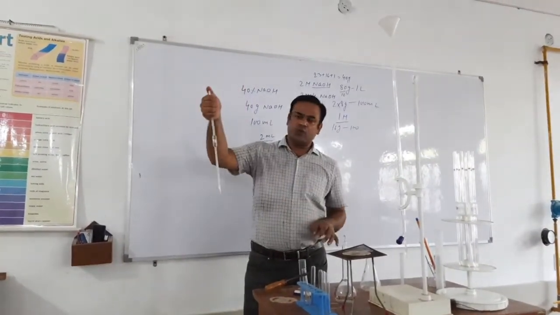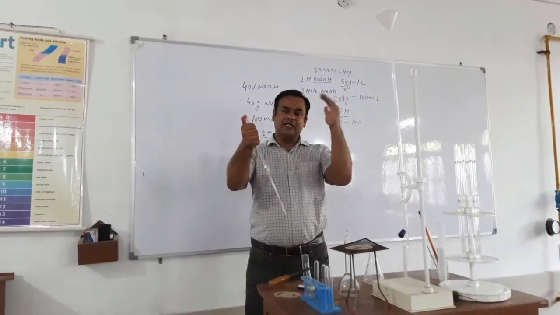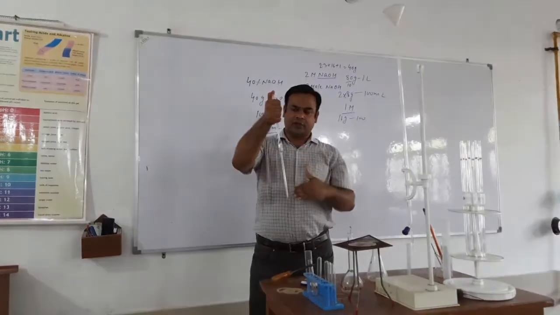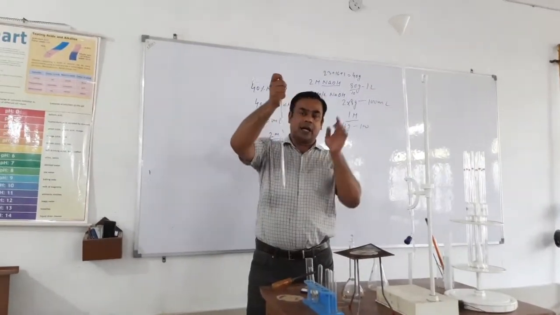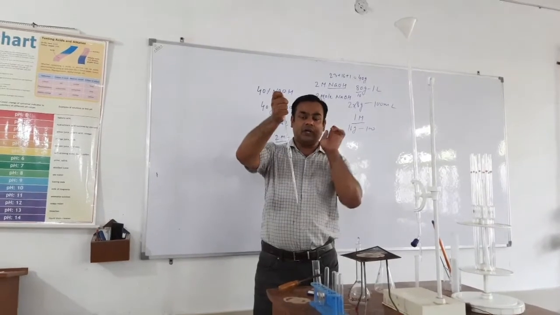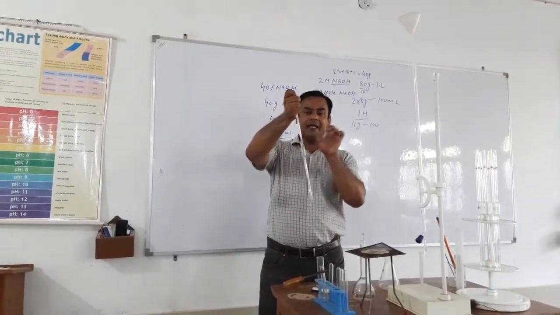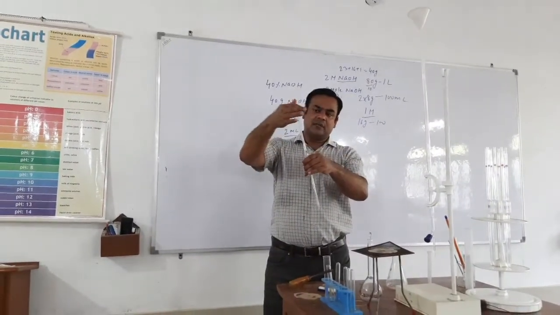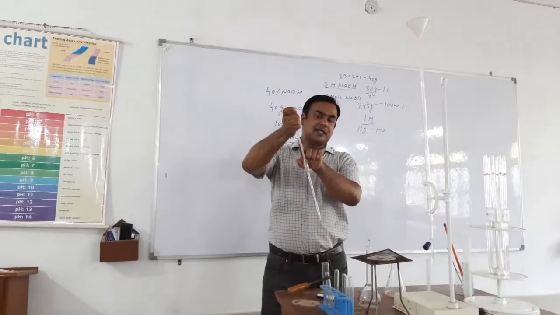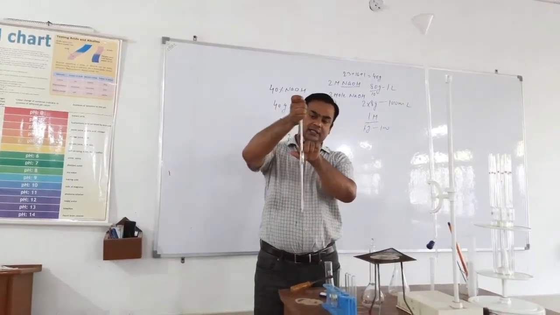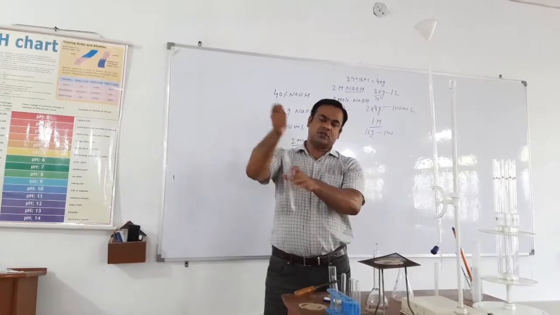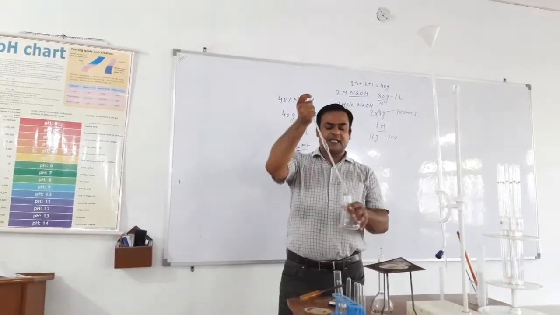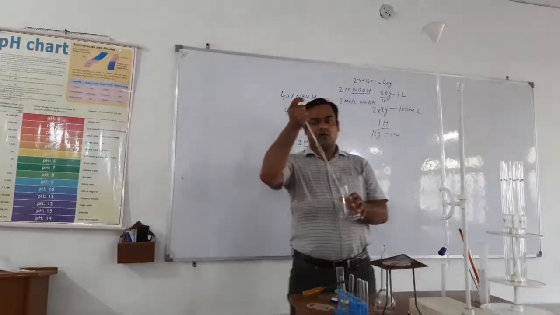Then we release our thumb slowly, because when we release our thumb, atmospheric pressure will act on it and start to push the liquid downward. As I told you, in case of a colored solution, the upper part, and in case of a colorless solution, the lower part of the meniscus, when it touches this circle, we again close the tip with our thumb, and then we release it into our titration flask or conical flask.